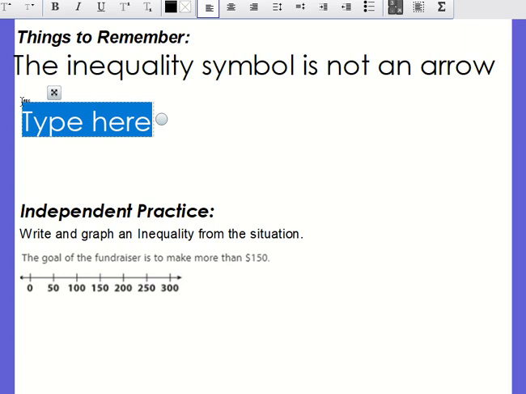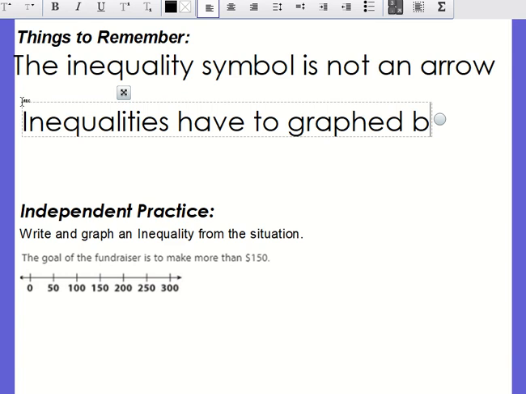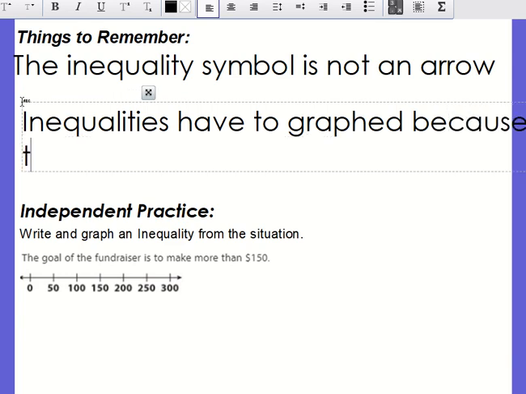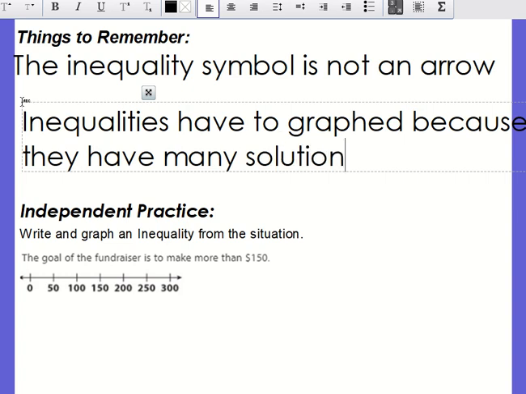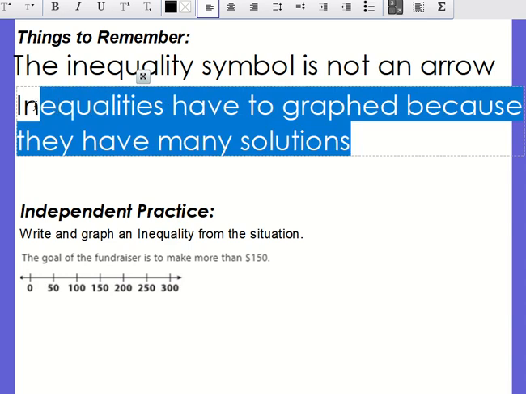And then also inequalities have to be graphed because they have many solutions. We can't write them all, so that is why we graph them.